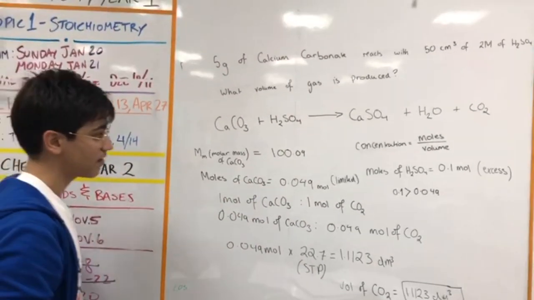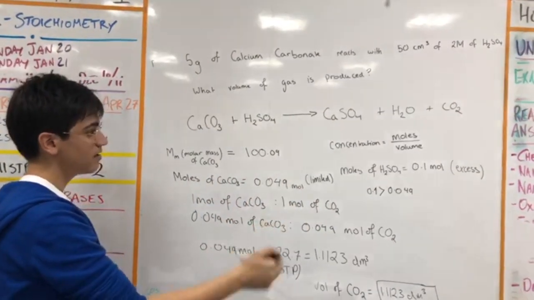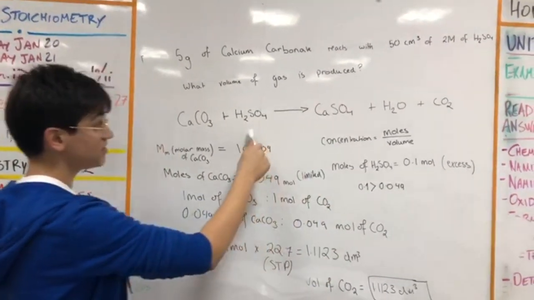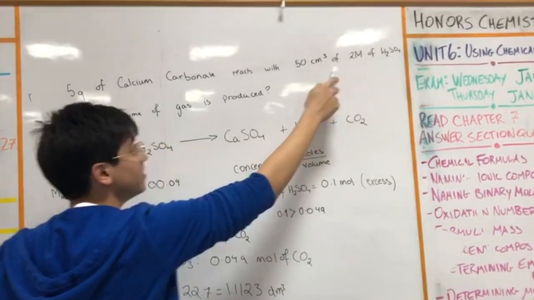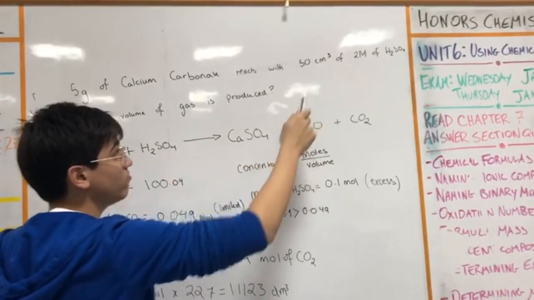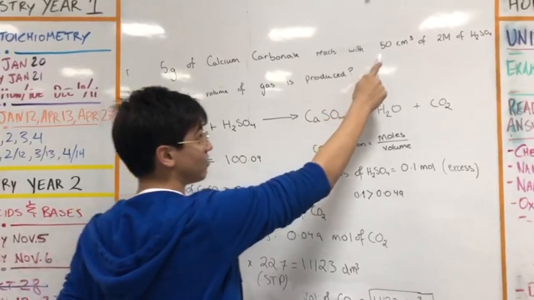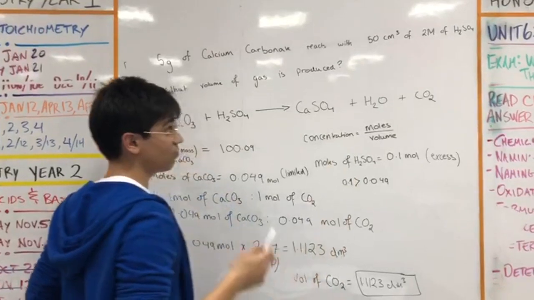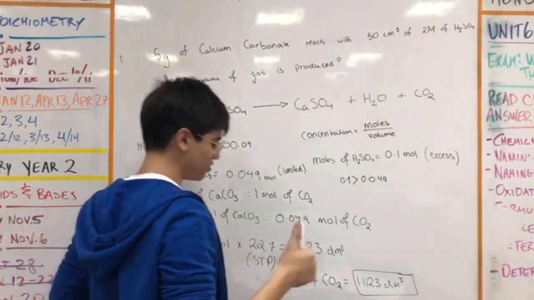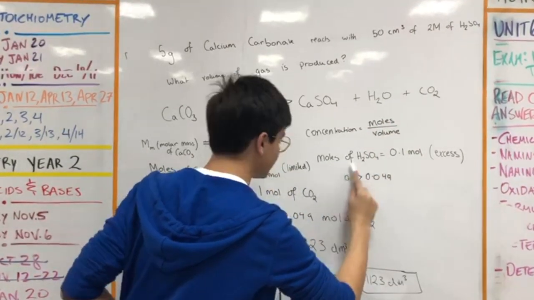Then for the acid, concentration is moles over volume, and this concentration is 2 molar, and this is your volume. You want your volume to be in dm³, so you divide this by 1,000, which is 0.05, and you multiply that by 2, and you'll get 0.1 moles of H2SO4.